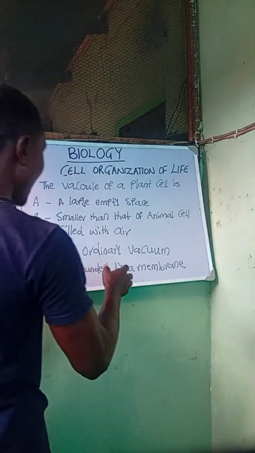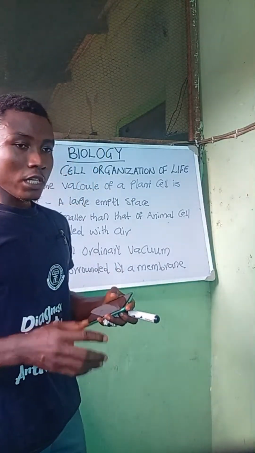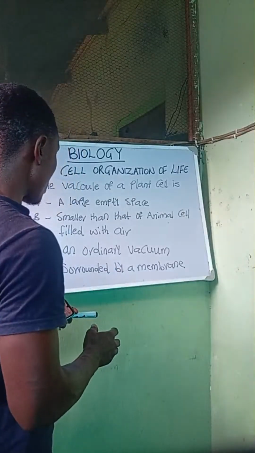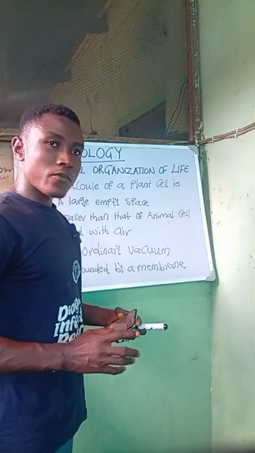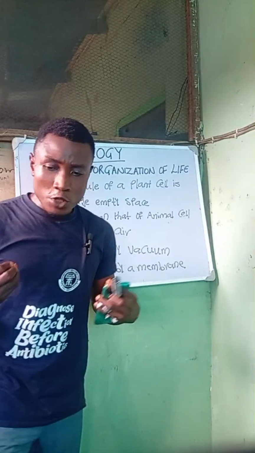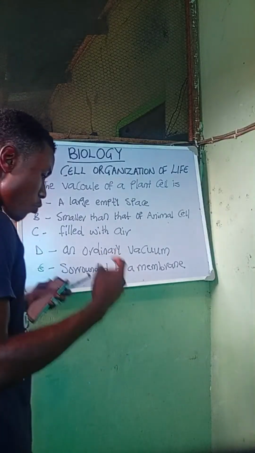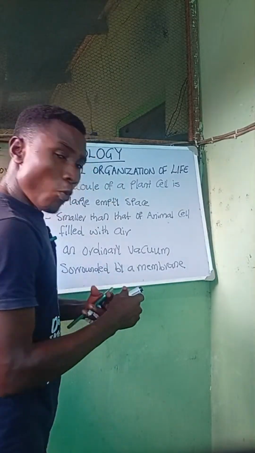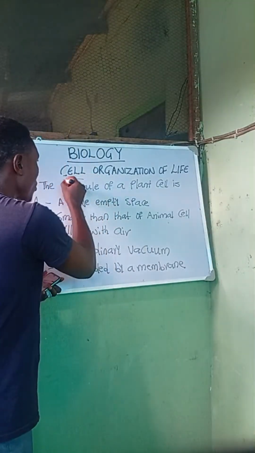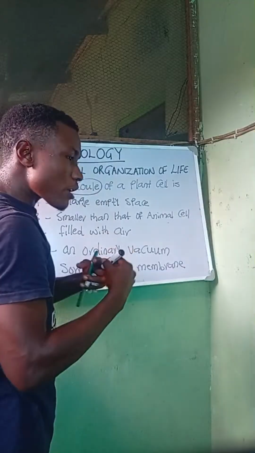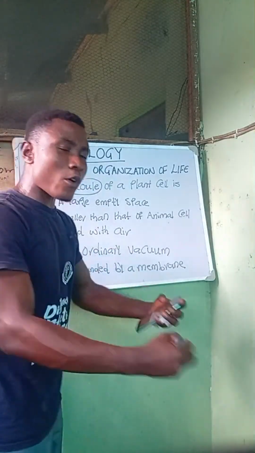The vacuole of a plant cell is not a large empty space. What is the first question you have to ask yourself when you see questions like this, if you are writing any exam, be it JAMB or WAEC? What they are asking you first is the vacuole.